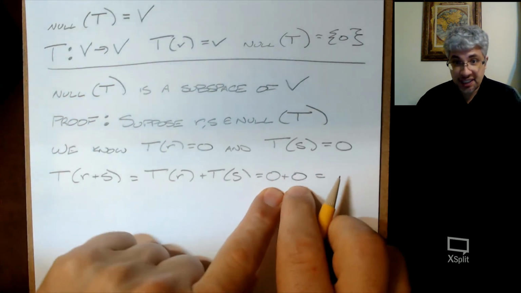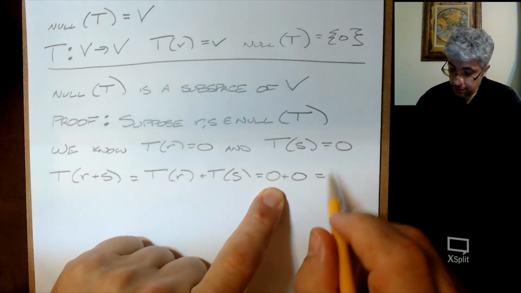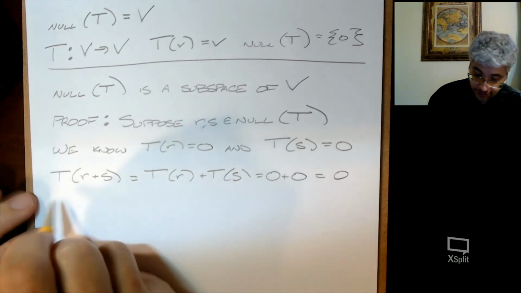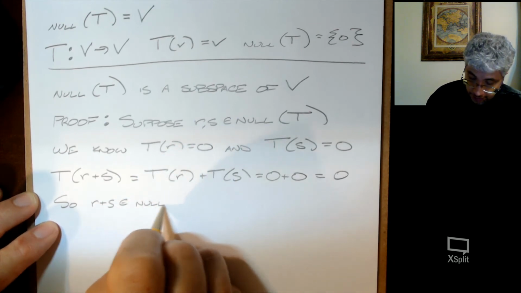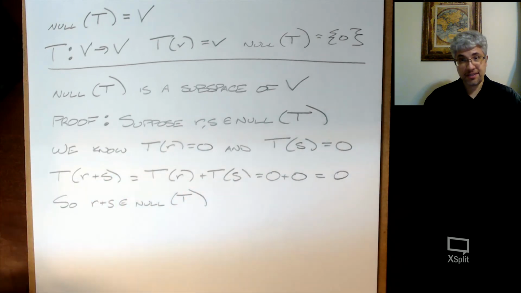And here we're adding 0 in W, but 0 plus 0 is 0 no matter what vector space I'm in. So I get 0. So what does that mean? It means r plus s is in the null space of T, because T sends r plus s to 0.